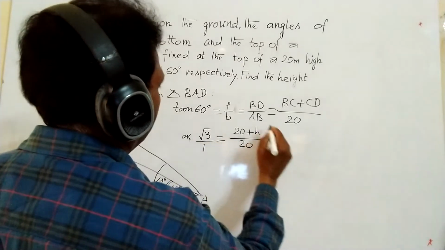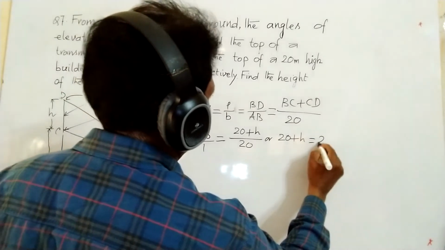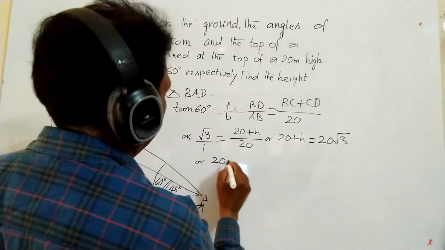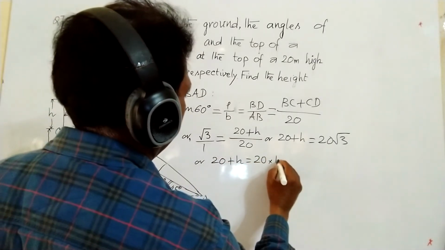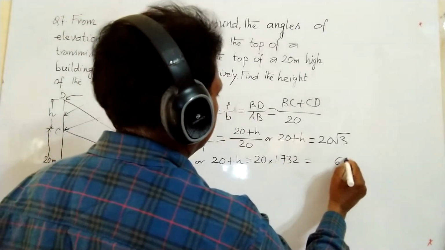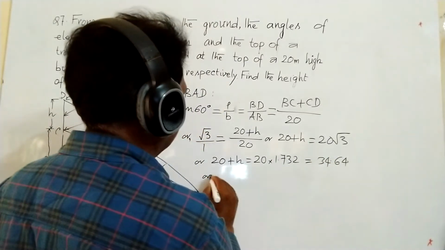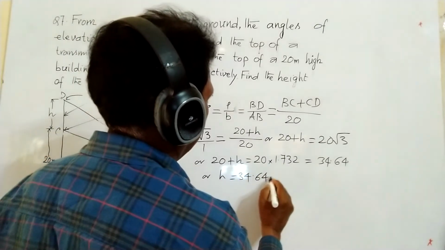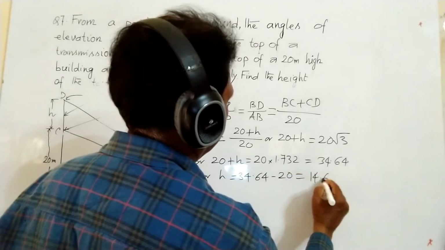Okay, then cross multiply, we get 20 plus h equal to 20 root 3. Or 20 plus h equal to 20 into 1.732. That gives the value of 34.64, or h equal to 34.64 minus 20, that is 14.64.